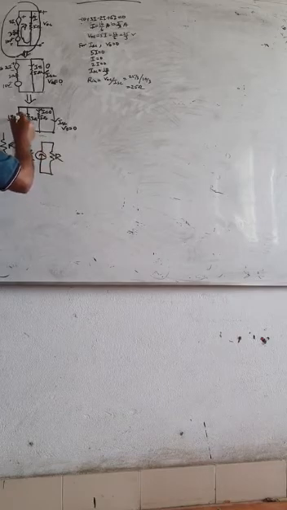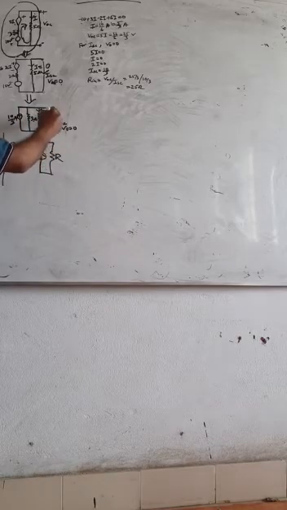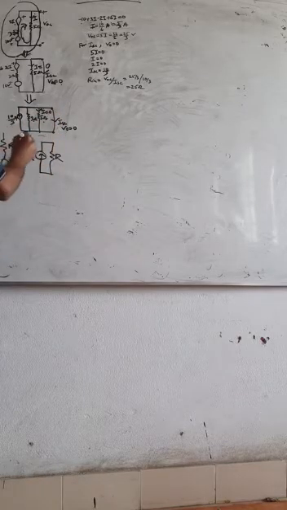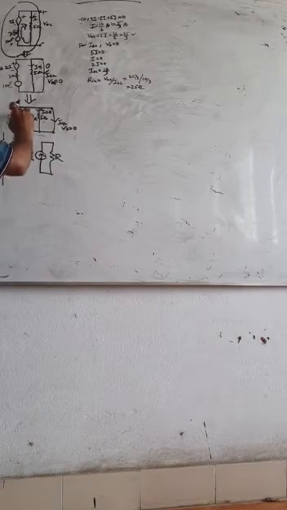So we get 10 by 3 ampere current with 3 ohm parallel and 5 ohm parallel, and this is the short circuit.